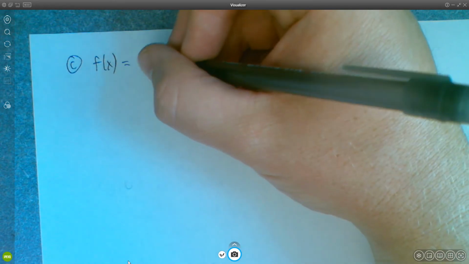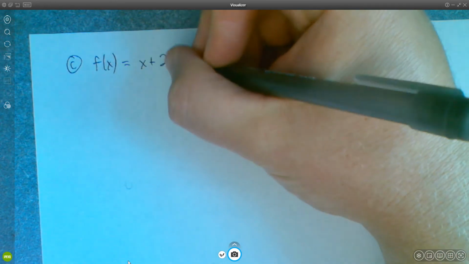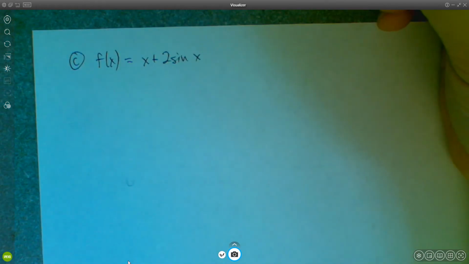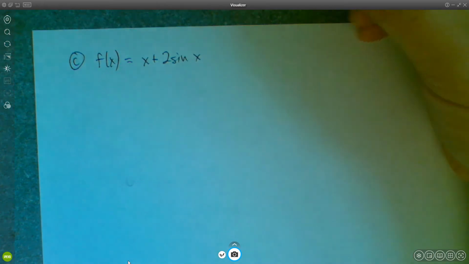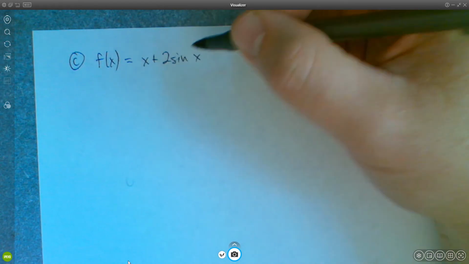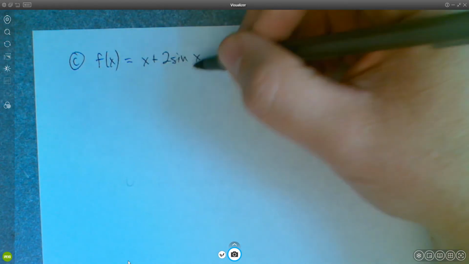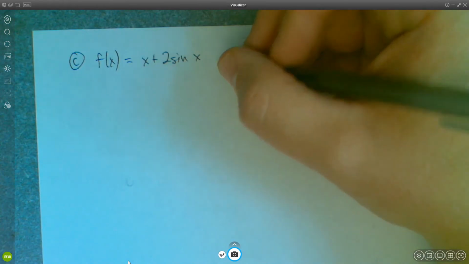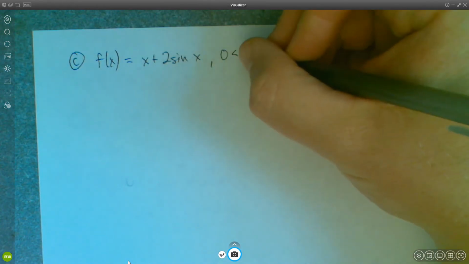So we'll say f of x equals x plus 2 sine x. Now, again, we're finding intervals of increase, decrease, concavity, etc. And there's going to be a whole bunch of changes in concavity and stuff when you're dealing with the sine function. So let's restrict ourselves to just look between 0 and 2 pi.